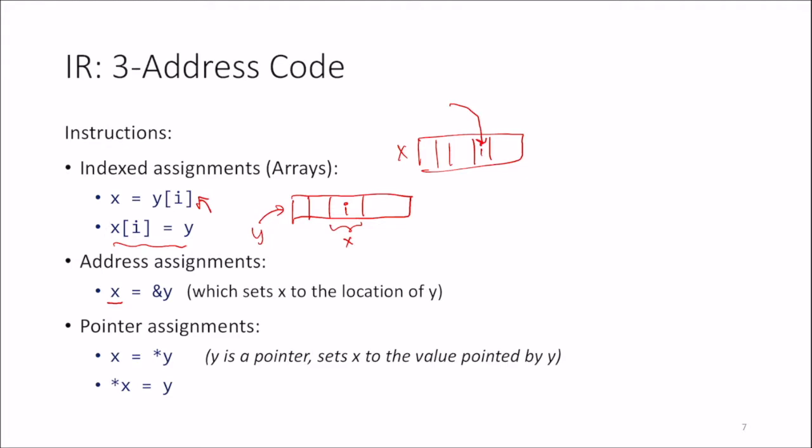If y is a pointer, it looks up the value at that memory location, which is done by this star over here. It dereferences that memory location, takes the value out of it, and then assigns it to a location x. Similarly, if x is a pointer, you can take the value stored in that memory location and replace it with a new value, in this case y.